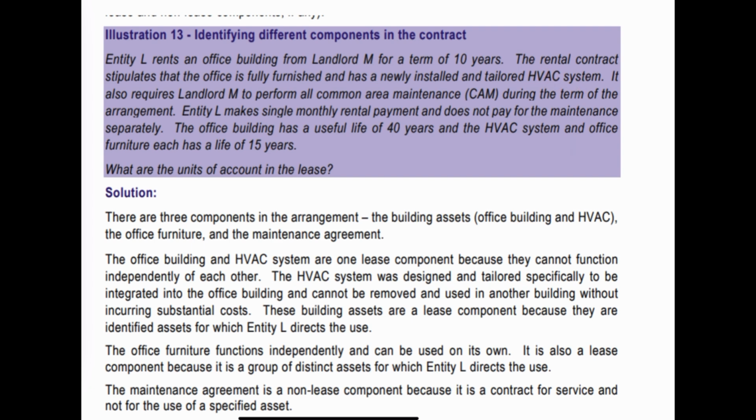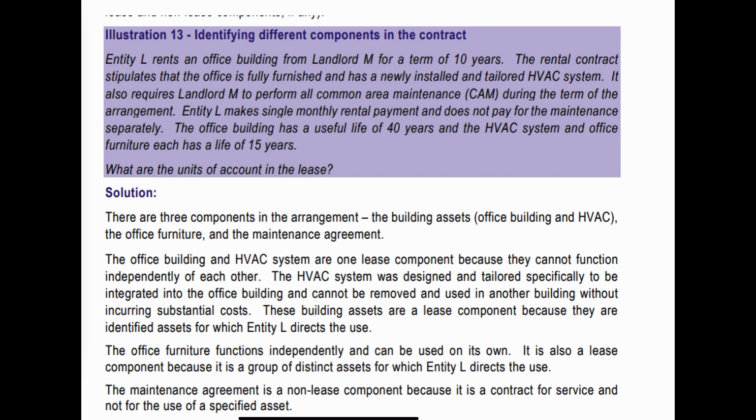It also requires landlord M to perform all common area maintenance during the term of the arrangement. Entity L makes a single monthly rental payment and does not pay for the maintenance separately. The office building has a useful life of 40 years, and the HVAC system and office furniture have a useful life of 15 years.